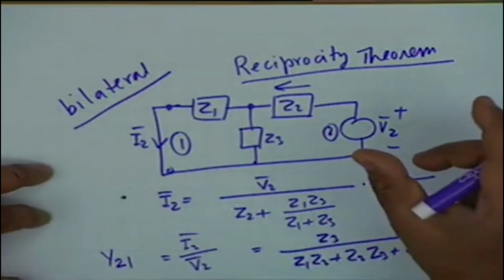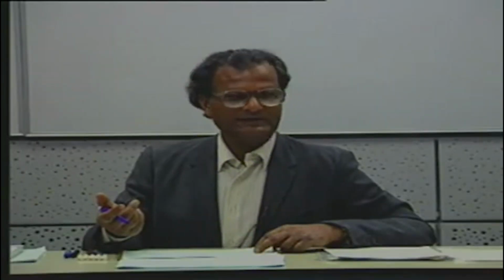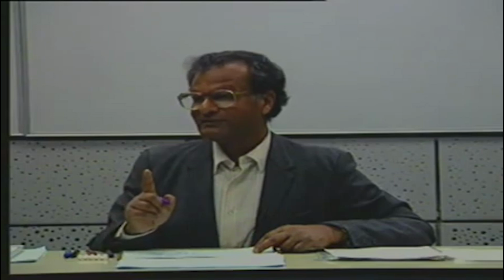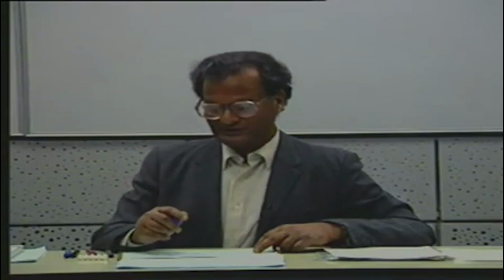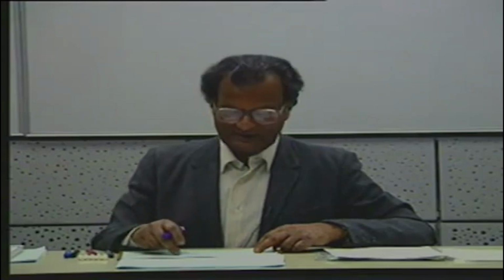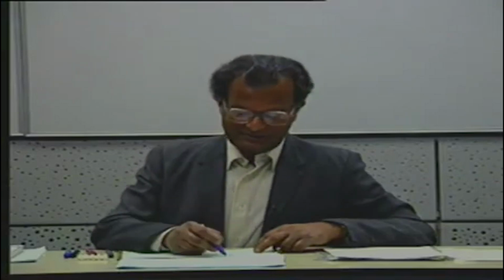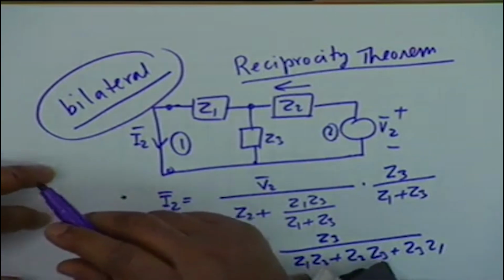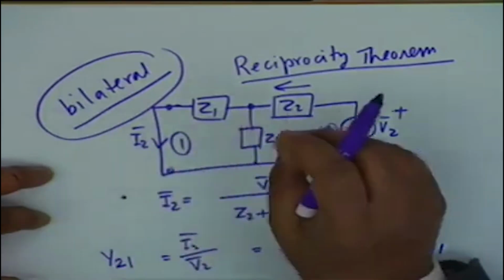If the same voltage is applied, the same current should flow. Similarly an inductance, similarly a capacitance. But you know at least one element which defies this, that is a diode. So if a network does not contain unilateral elements like a diode, if it contains only bilateral elements, then the network is said to be reciprocal. That is, if the excitation and the response are interchanged, then the ratio remains the same.